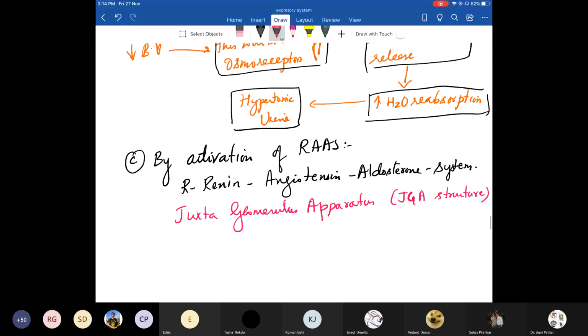The special cells are called juxtaglomerular cells.